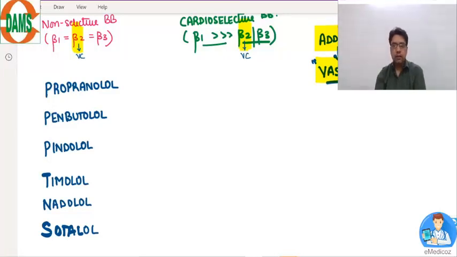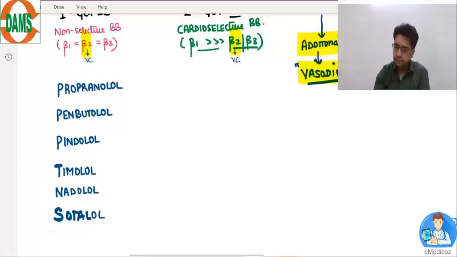Here you will write a mnemonic. Among cardioselective beta blockers, you will write the mnemonic BEAAM.